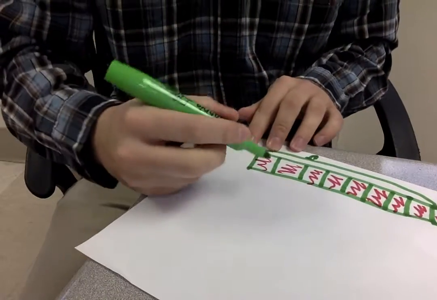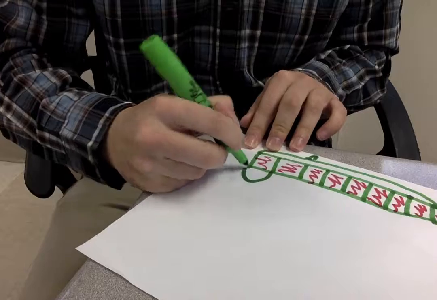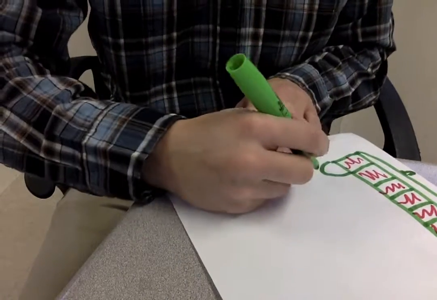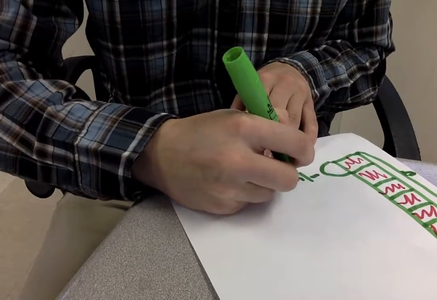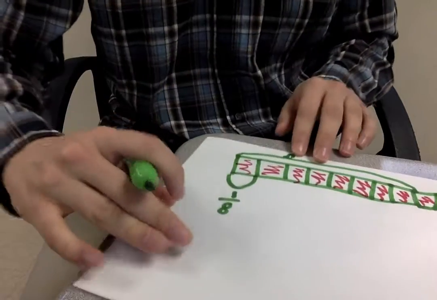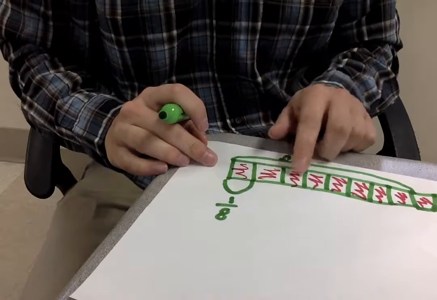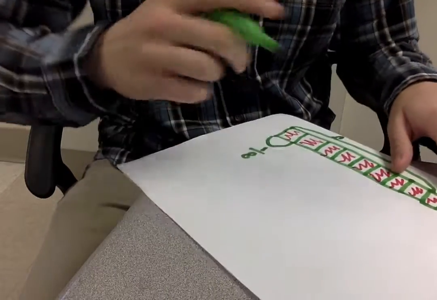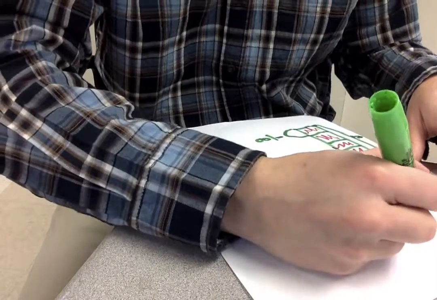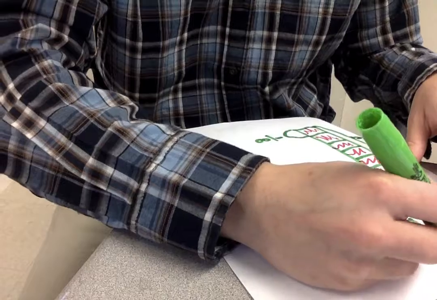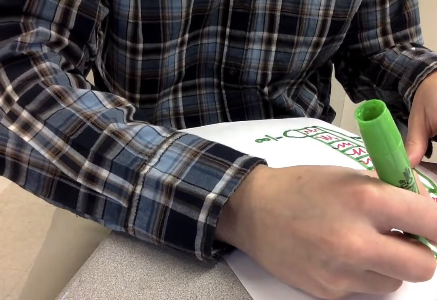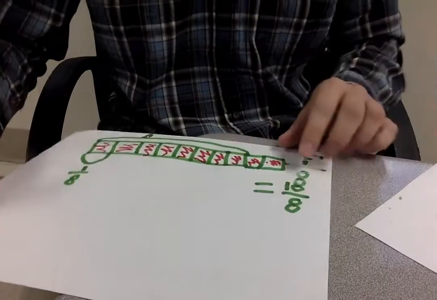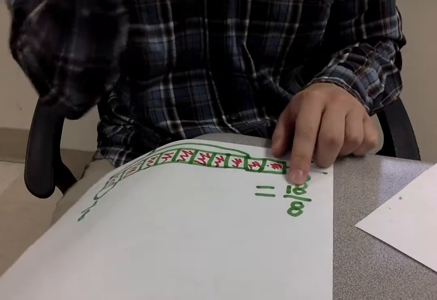Our denominator is going to be eighths. Our unit fraction is going to be an eighth. So each one of these squares represents 1/8. And we have 1, 2, 3, 4, 5, 6, 7, 8, 9, 10 all together. So this whole tape diagram is the equivalent of 10/8. That's what it represents, 10/8.